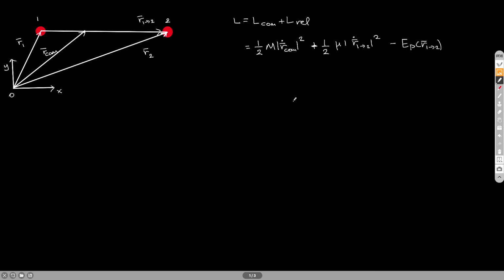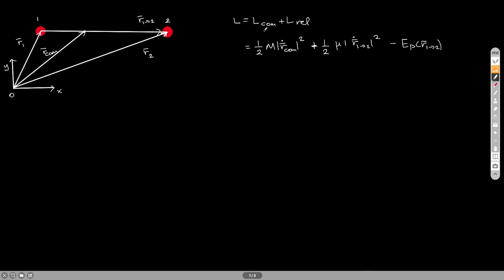Now, I will show you in this video how we will proceed to obtain the Lagrange equations. This is what I found in my previous work. I was able to break the Lagrangian into two parts: the Lagrangian of the center of mass and the Lagrangian relative to the center of mass.